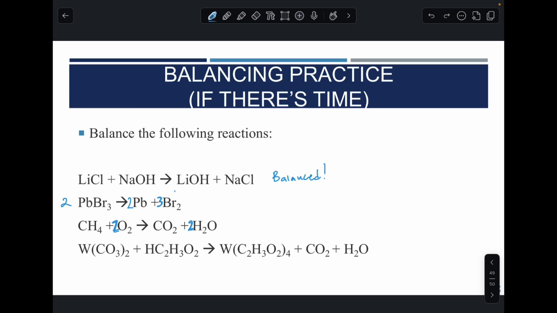First, let's balance the tungstens. We have 1 and 1. That's excellent. Then we're going to try to do the oxygens and hydrogens last, as per usual. So let's do the carbons.